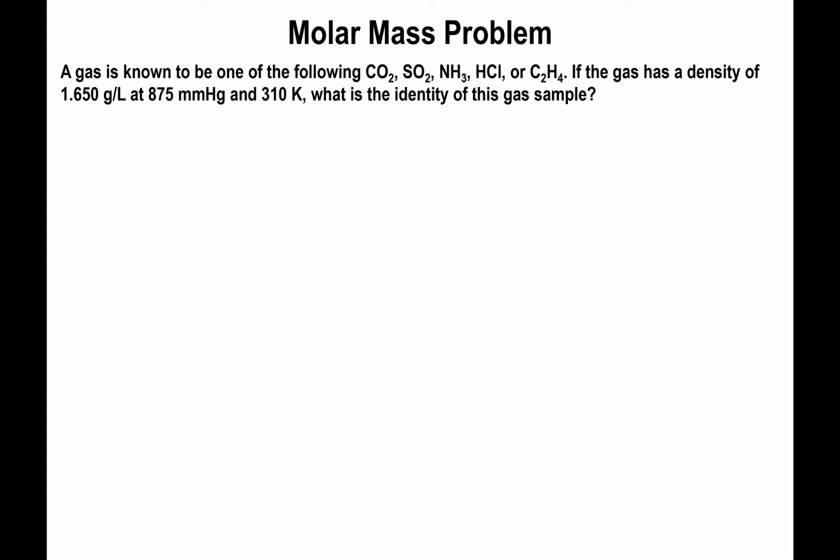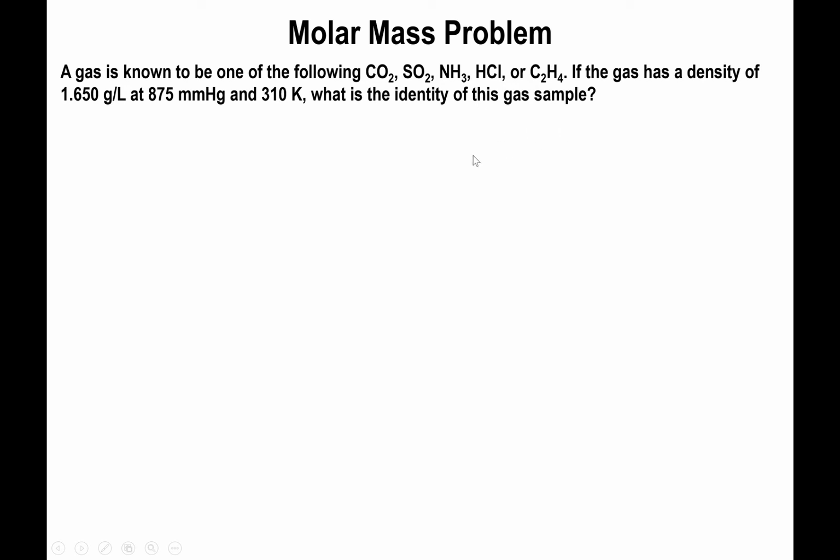But what we do know is that for the particular gas in question, we have a known density of 1.650 grams per liter. And this density is experimentally determined at a pressure of 875 millimeters of mercury and a temperature of 310 Kelvin. We want to know the identity of the gas sample.